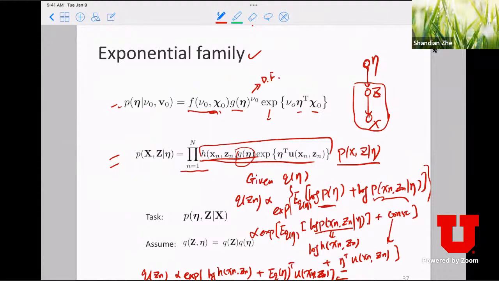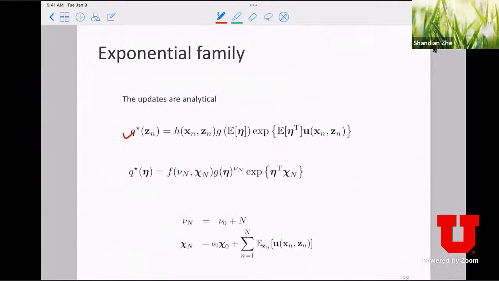And remember now, natural parameters becomes the expectation of eta, right? And we know that the normalizer factor is a function of natural parameters. Now the natural parameters become the expectation of eta. So that means your normalization now becomes g of expectation of eta. And that's it. Any questions so far?